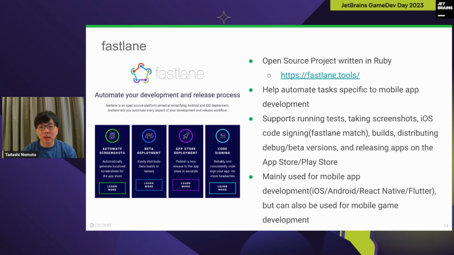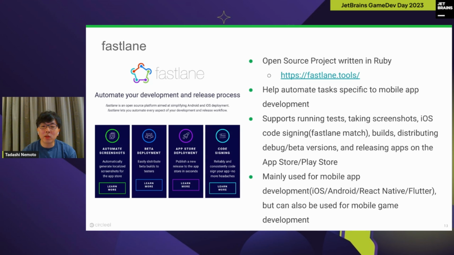Second component is FastLane. FastLane is open source project written in Ruby and helps automate tasks specific to mobile app development, such as running tests, taking screenshots, iOS code signing called FastLane Match, build, distributing beta or debug versions, and releasing to Apple App Store or Google Play Store.